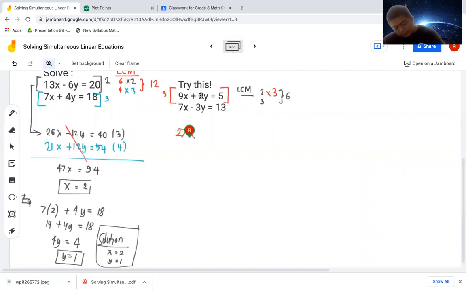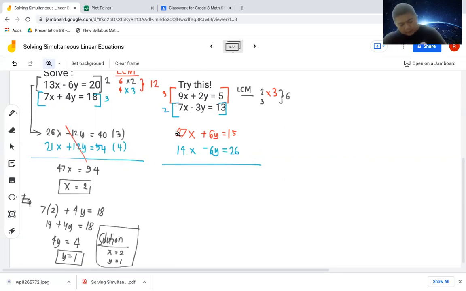So 27x plus 6y is equivalent to 15. And from here, we will be having the next one multiplied by 2. So you will see here that this is now going to be 14x minus 6y is equivalent to 26.